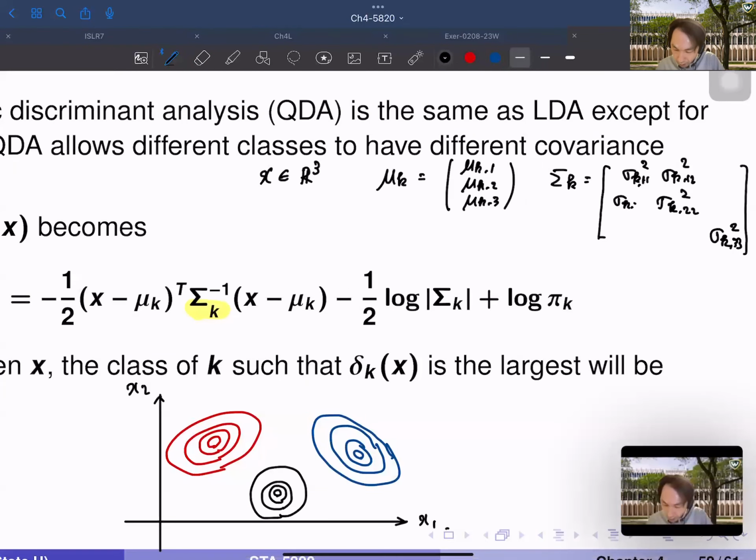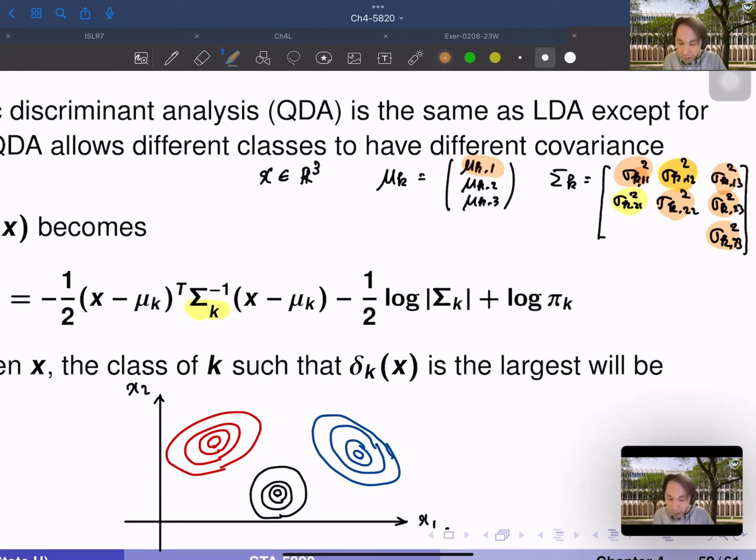That means we only have 6 parameters in this matrix: the three diagonal terms, plus sigma k12 square, sigma k13 square, and sigma k23 square. So basically we have 6 parameters.